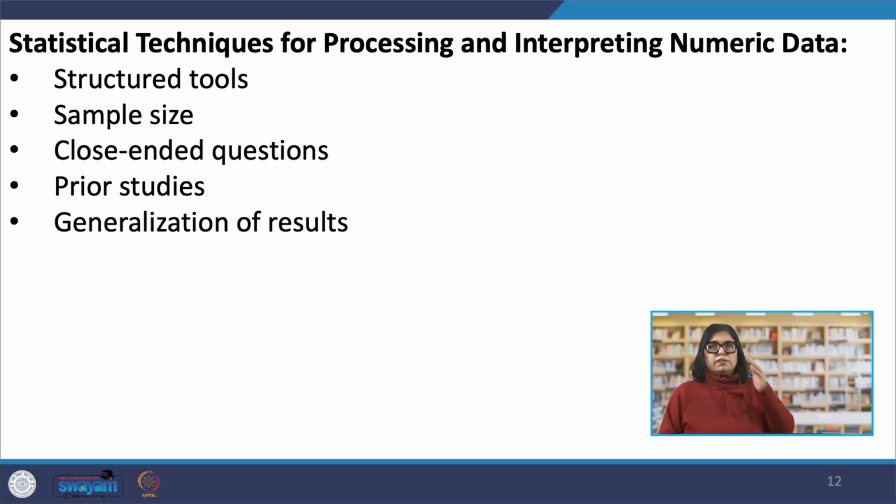Quantitative research involves gathering and analyzing numerical data to uncover trends, calculate averages, evaluate relationships, and derive overarching insight. It's used in various fields, including the natural and social sciences. Quantitative data analysis employs statistical techniques for processing and interpreting numerical data.